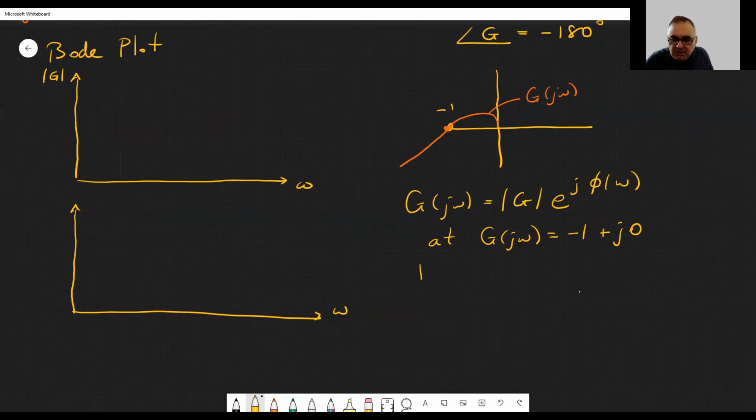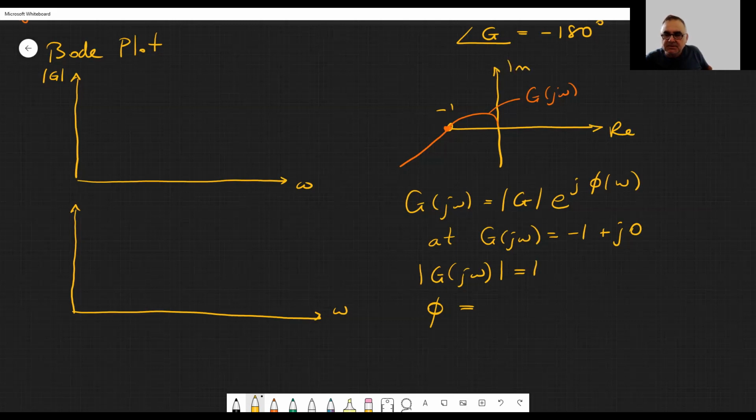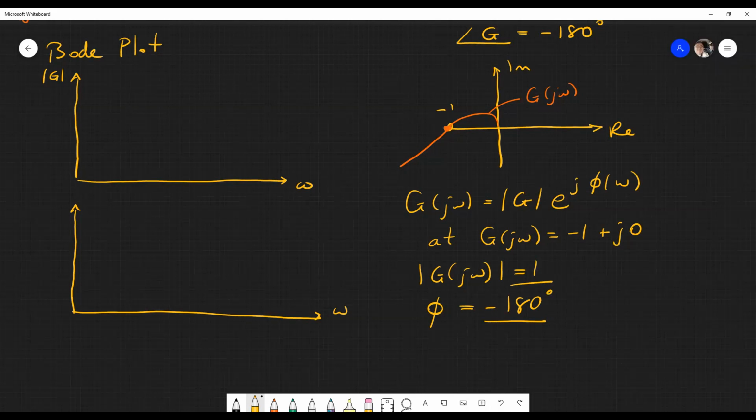Magnitude is 1, and its phase phi is equal to... -1 is on the real part, this is the imaginary part. It has an angle of 180 or -180 degrees. Okay. Do we agree? Yes, Hocam, I think it's pretty clear.